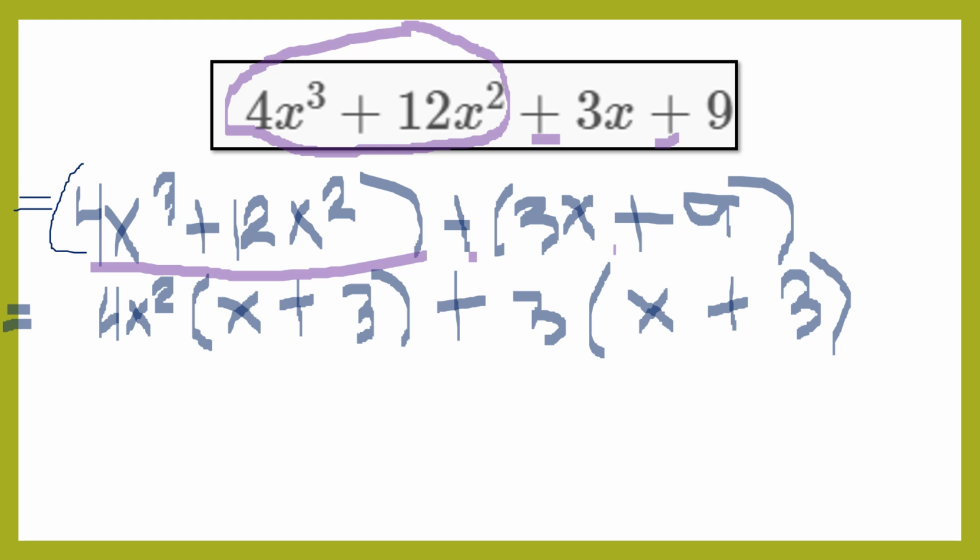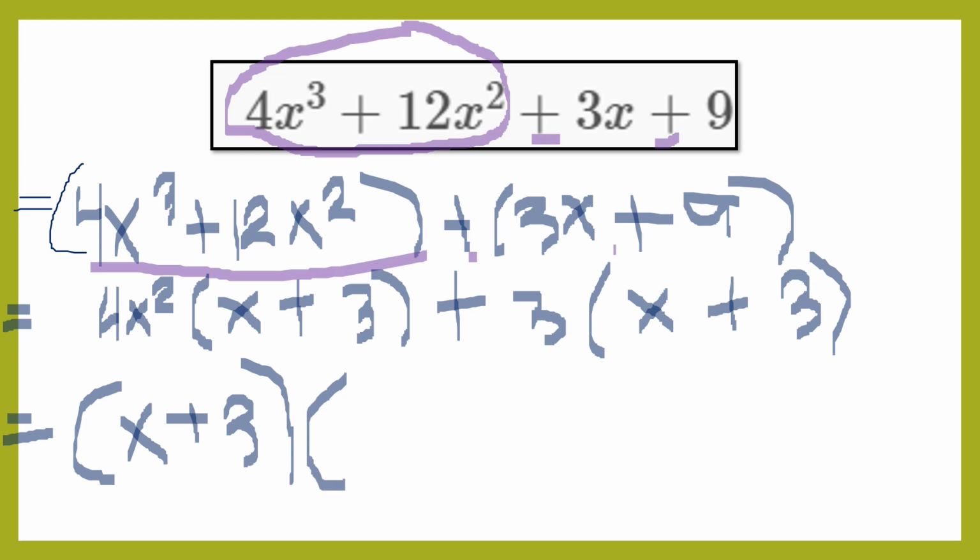Okay, you put equals here. The factors inside the parenthesis, we have x plus 3. Copy it. Close parenthesis. Right, open parenthesis. The first GCF, we have 4x squared.